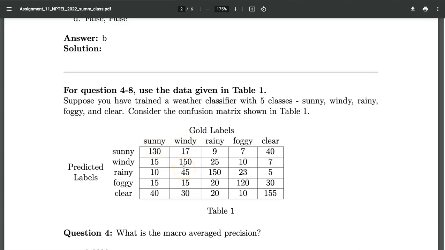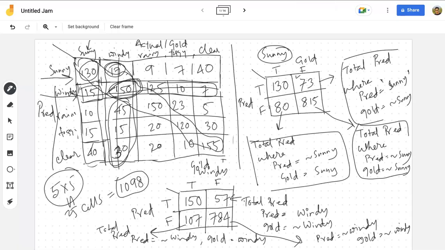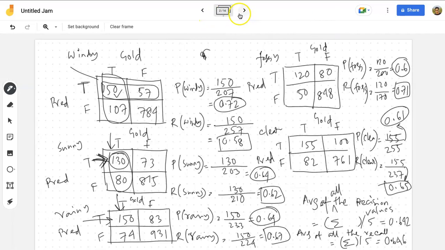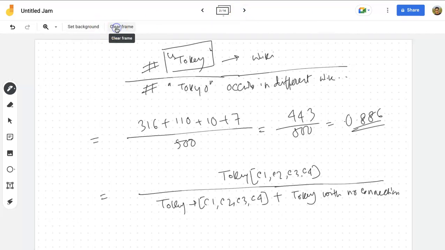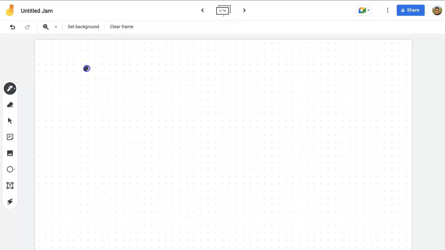So what is accuracy? The accuracy formula is pretty simple.